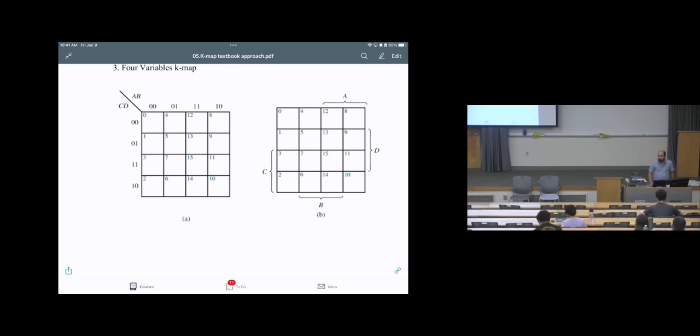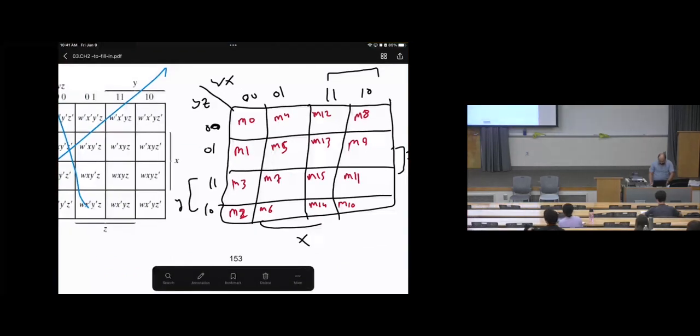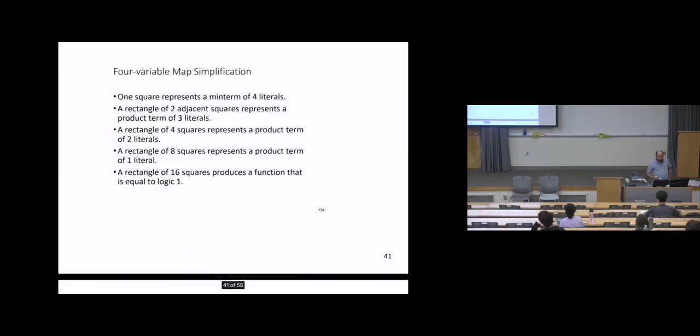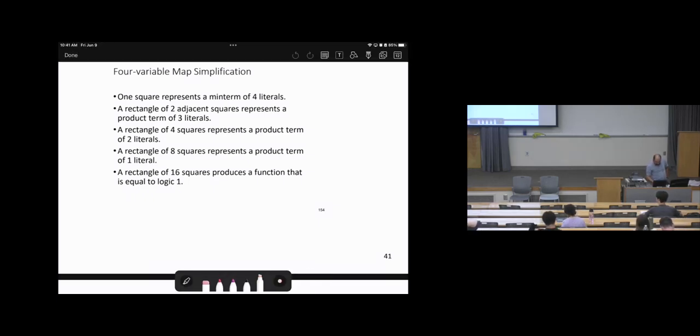Clear? Again, the simplification depends on powers of 2. 2 adjacent squares, 3 variables. 4 squares, 2 variables. 8 squares, 1 variable. 16, logic 1.